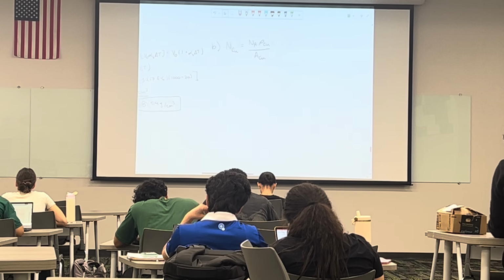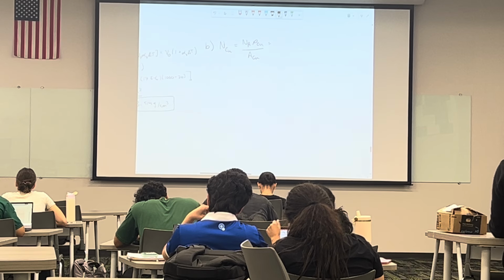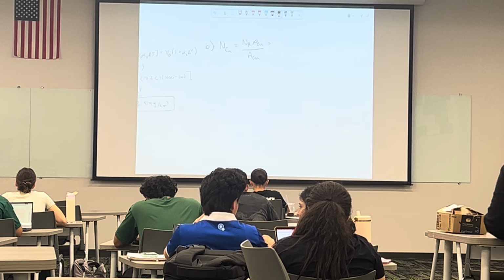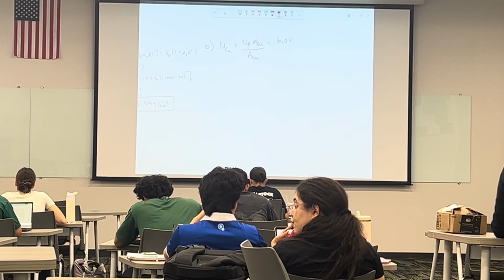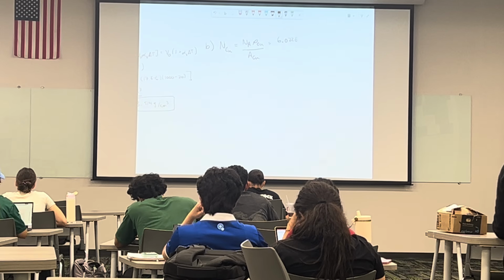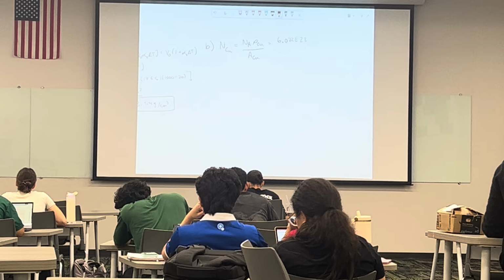So this N subscript A here is, I believe, Avogadro's number, which is 6.022 times 10 to the 23 atoms per mole.